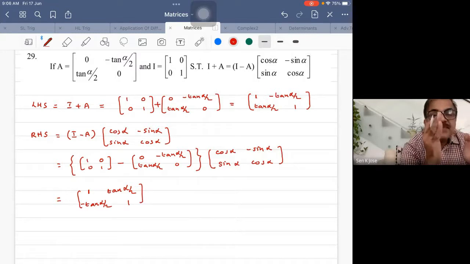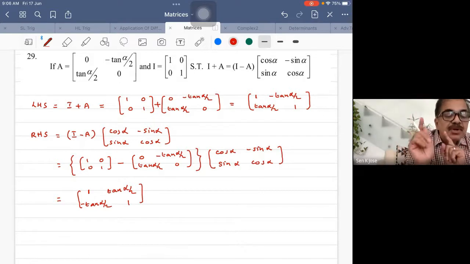Now all of you should listen to what I'm going to do. I simplified my I minus A into one bracket. But do you see the next bracket? In the next bracket, I have the trigonometric terms sin alpha and cos alpha. But the angle in the first matrix is alpha by 2, and the angle in the second matrix is alpha. The angles don't match. So what I'm going to try to do is make the angles match in both places, so even in the second matrix I want alpha by 2 to come.